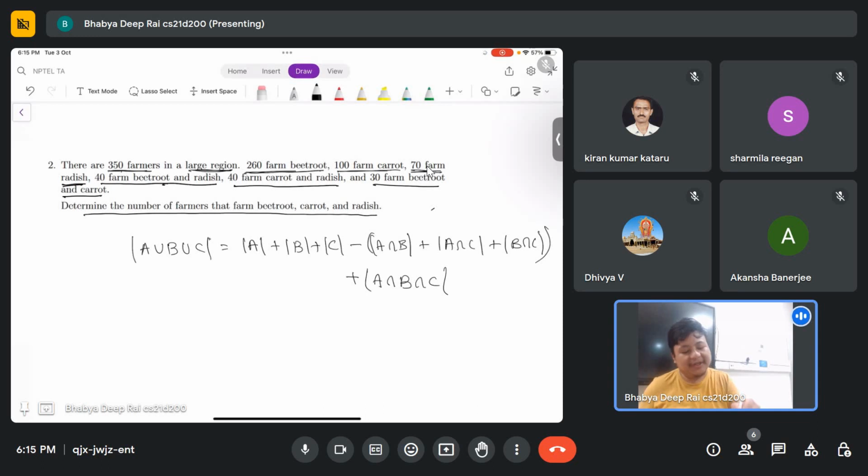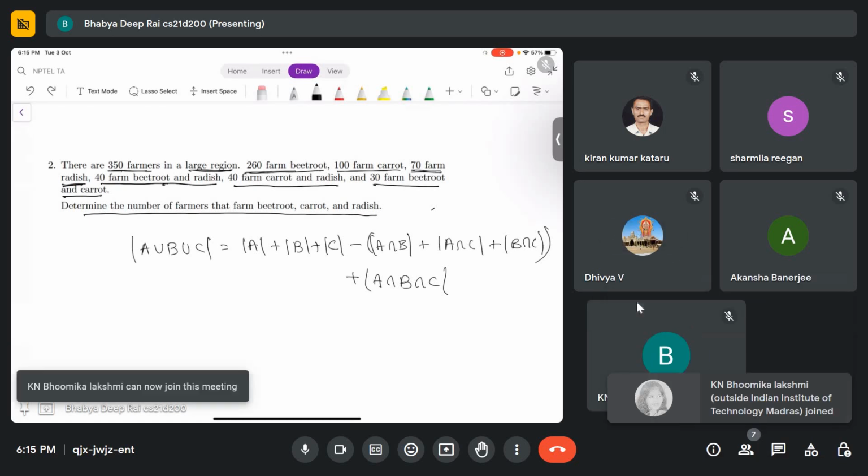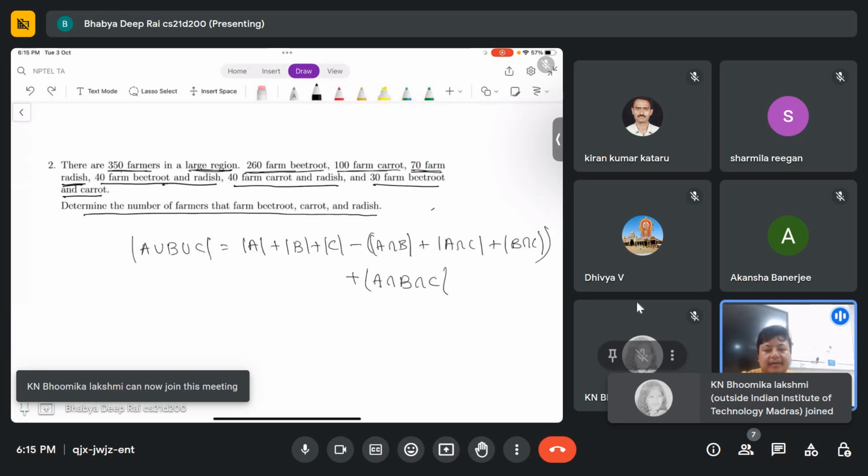Now try to extrapolate this particular question using this formula of inclusion and exclusion for three sets.